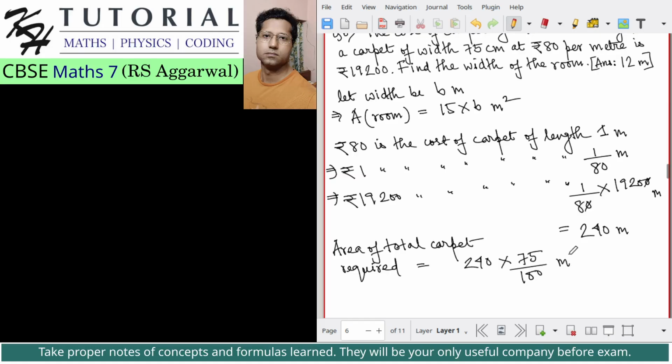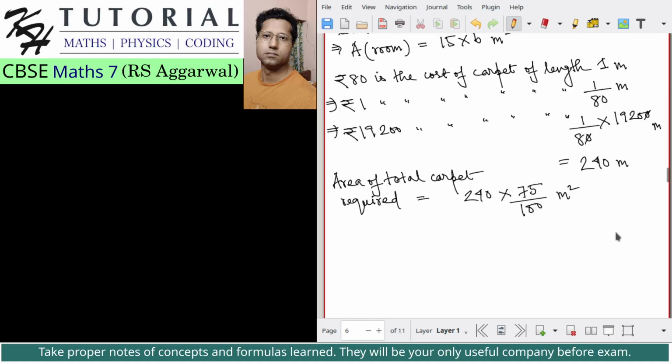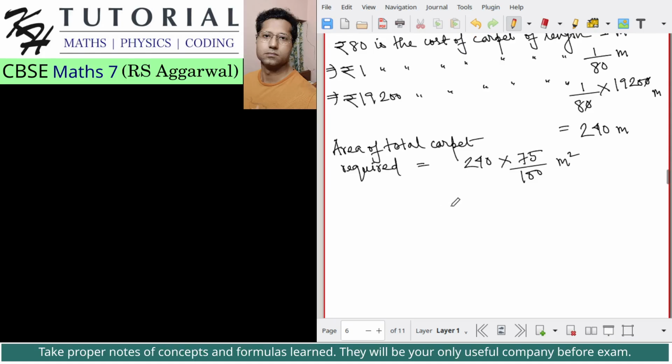So this much meter square is the area of the total carpet required, and this should be equal to the area of the floor of the room.